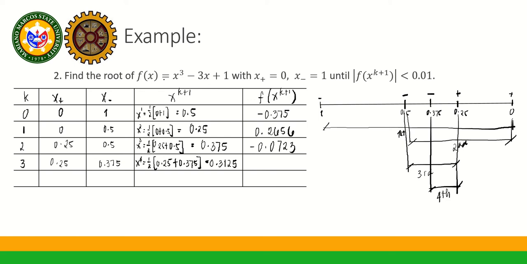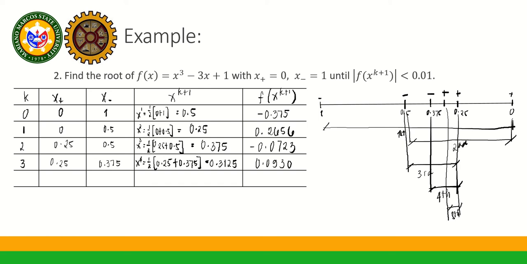And if we plug this into our function, we will get positive 0.0930. Okay? So this is positive. We got it here, right? So our next interval will be here. So that is the fifth interval. So our answer here is not yet less than 0.01.